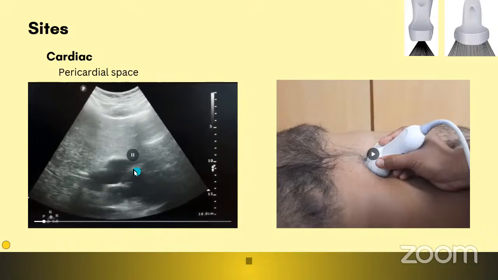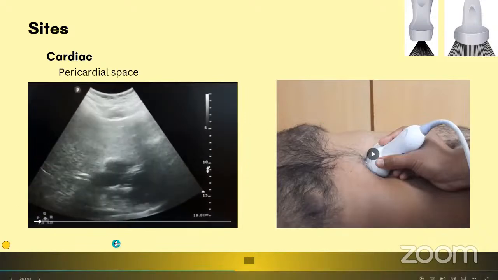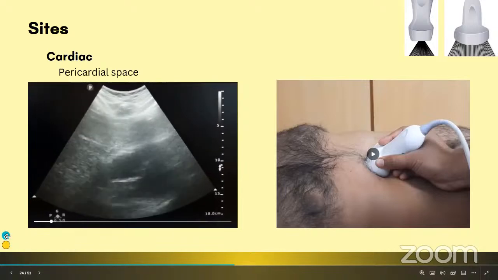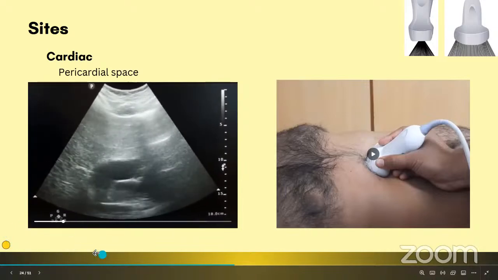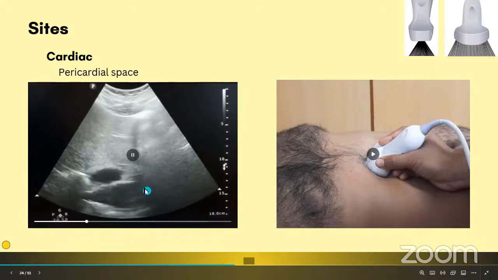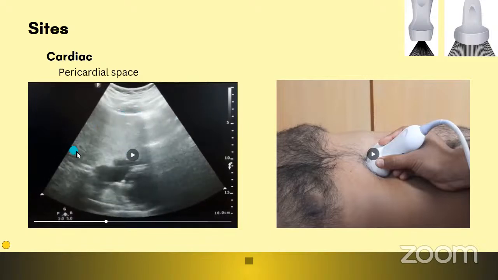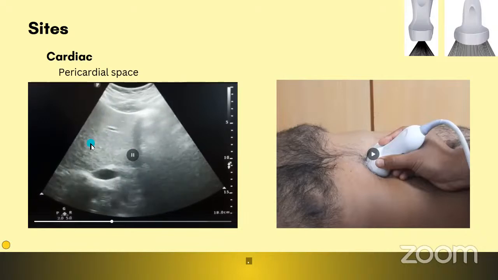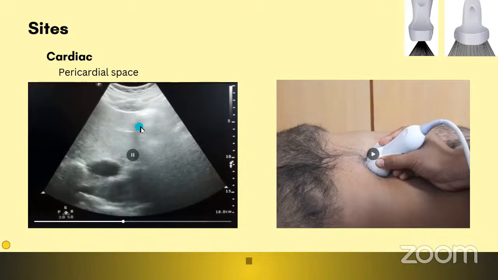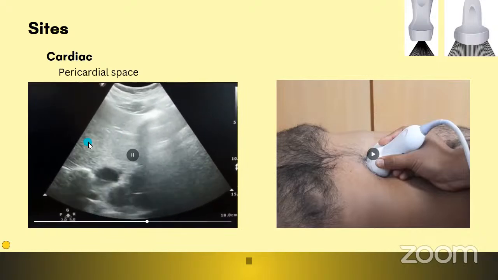So this is the corresponding ultrasound image which I recorded. You can see here. Are you able to appreciate the heart? So this is the heart. Can anyone tell what this area is? Can anyone say what organ or what structure this is?